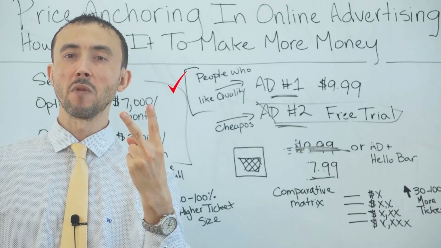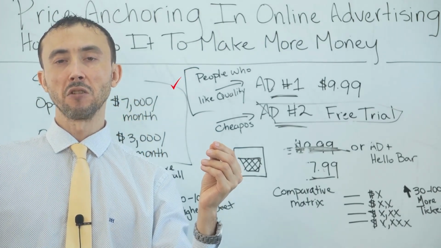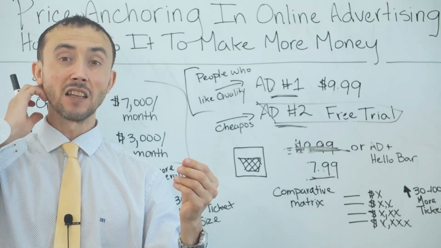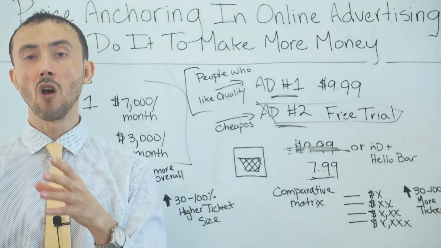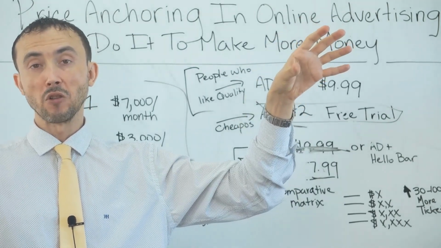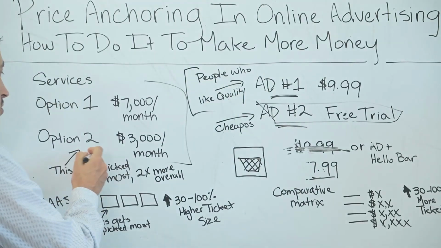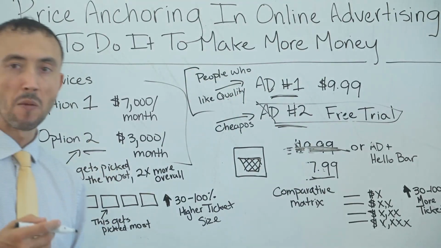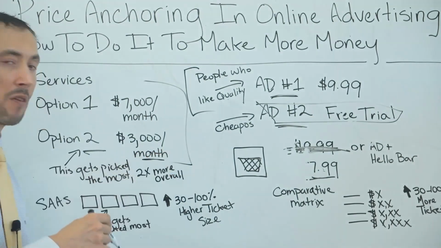But what I found works the best is just 2, because the more options you get, there's a point where it's paralysis by analysis, and they'll make a decision at a lesser rate than if you just offered 2 options. But 2 options is generally always going to be better than just 1. Some of them will go with the more expensive option anyway, like I just said. But more importantly, it's going to make the bottom option that you really want them to go with, the cheaper option, and where you can charge more money for the overall.